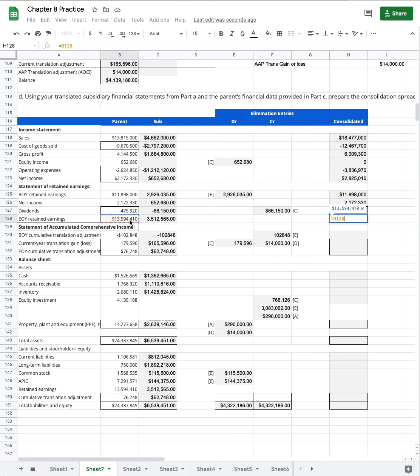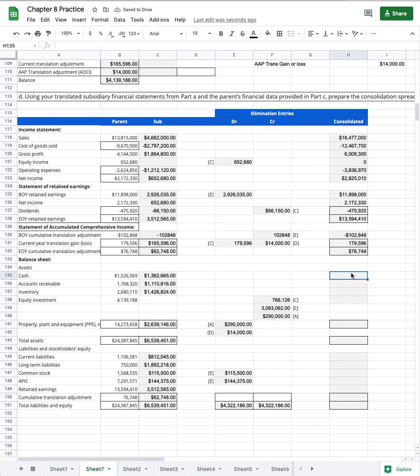And our end of year retained earnings will be equal to the parent, 13,594,000. Then we'll add across the row for the beginning of year cumulative translation adjustment. For our current year, we'll add together the parent and the subsidiary, subtract out our debit, add our credit. And our end of year cumulative translation adjustment will be equal to the parent.